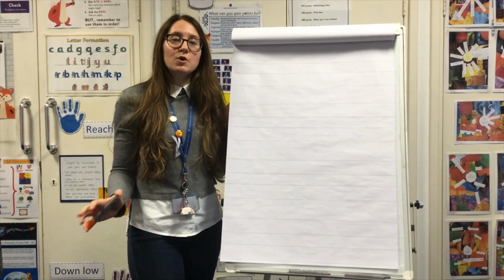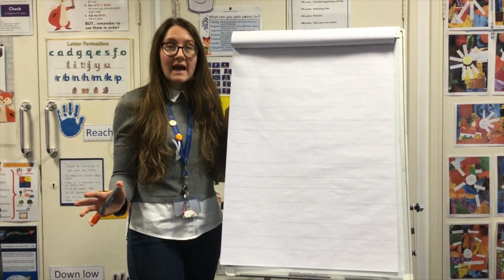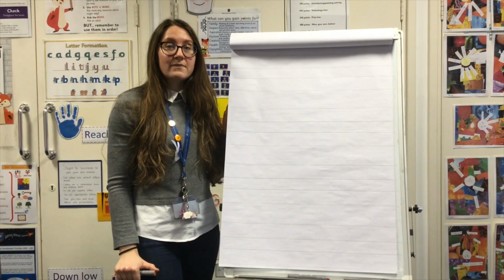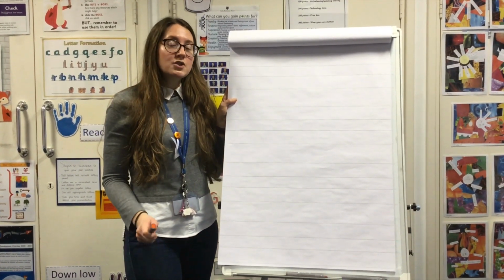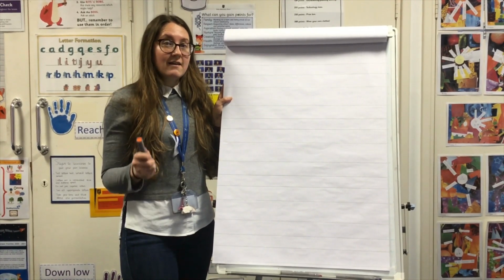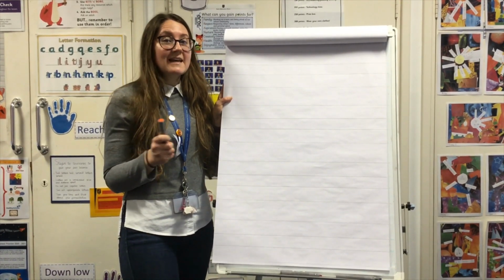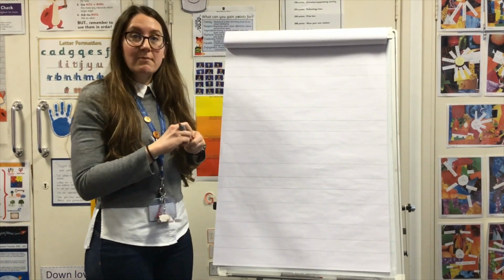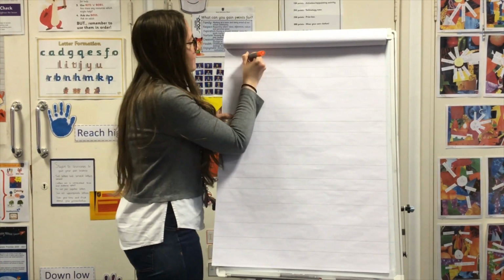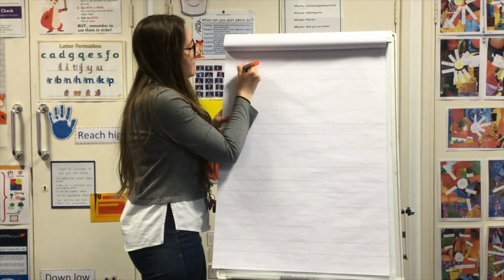Now that I've up-levelled all of my words in my word bank and I'm happy with that, I'm now ready to start my poem. So, we have been thinking about Tutankhamun's tomb. Well, Tutankhamun's tomb is in, can you remember where it is? That's right, it's in the Valley of the Kings in Egypt. So I'm going to have that as the title for my poem, In the Valley of the Kings. So I need a capital letter to start it.